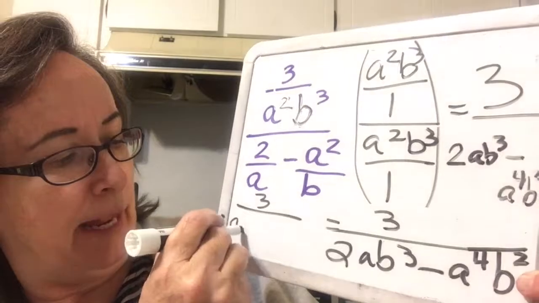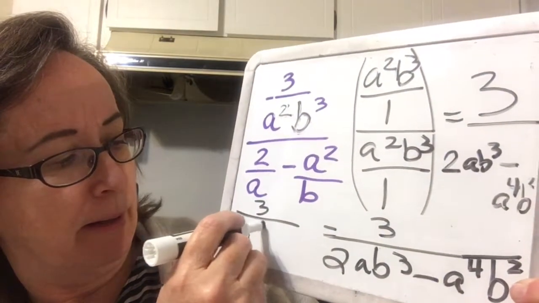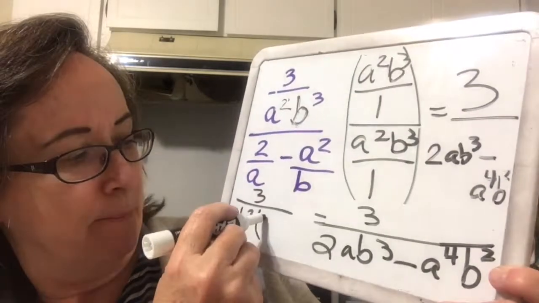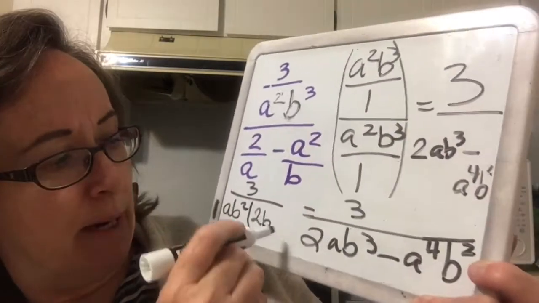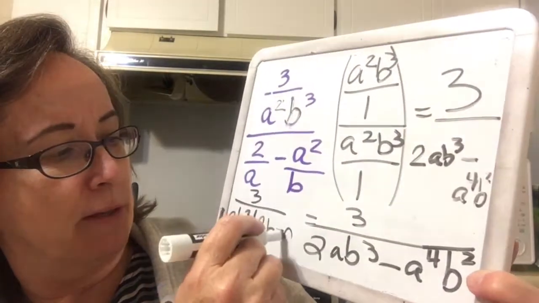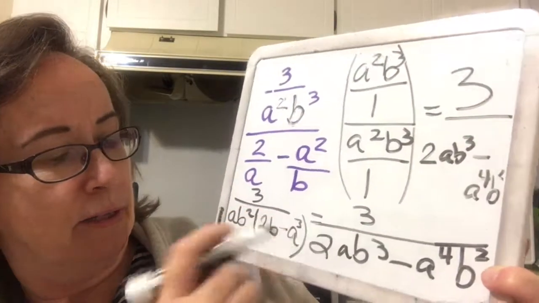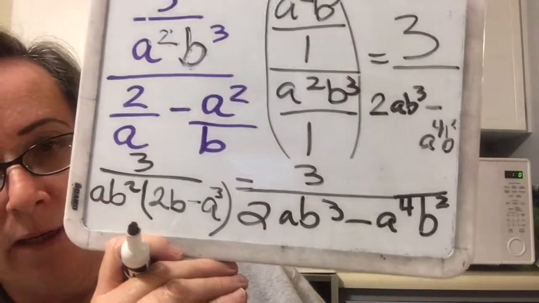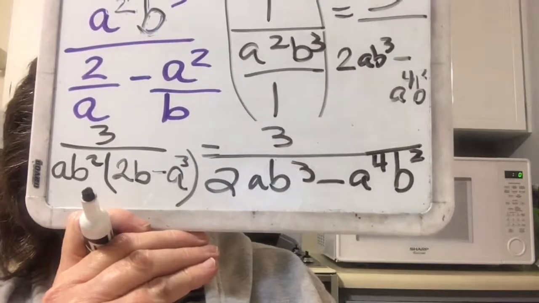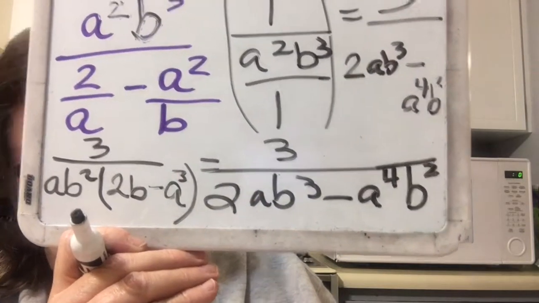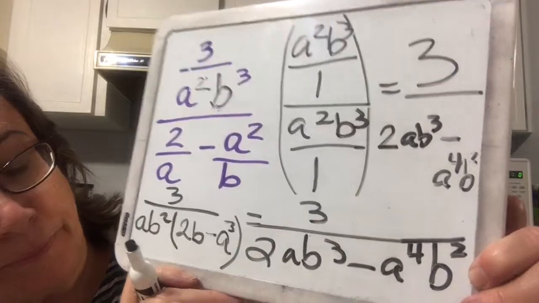So if I pull out an a b squared, I'm left with a 2b minus, okay, so we got an a cubed left over. So this is the way that the book left the answer. We usually leave the denominator in factored form when we can.